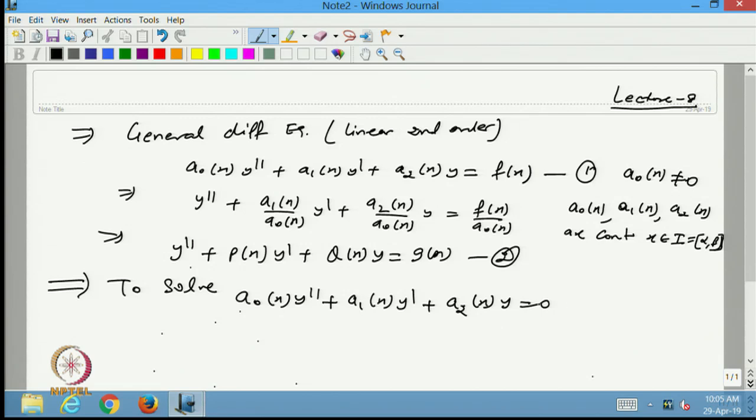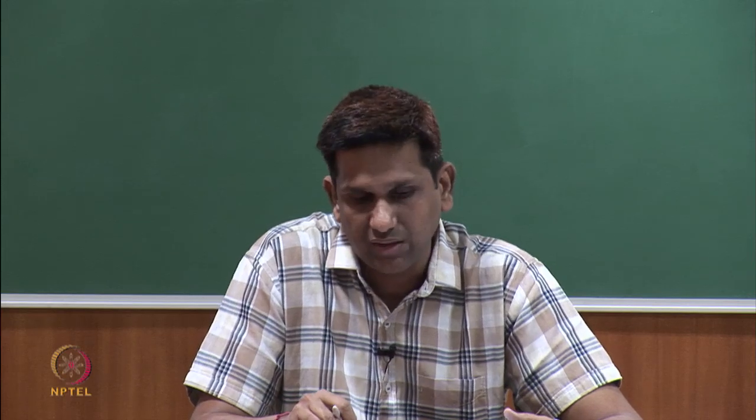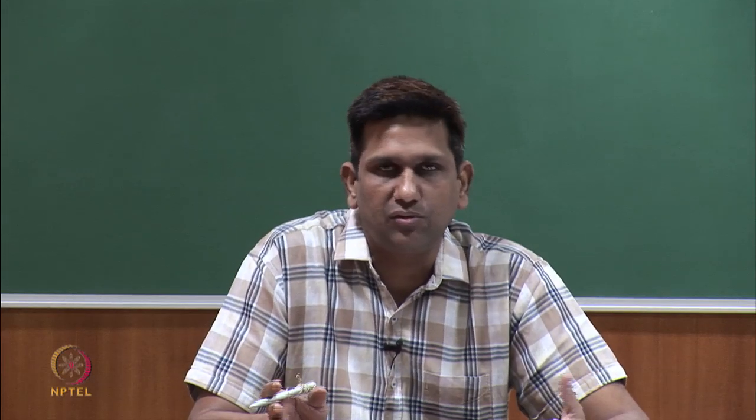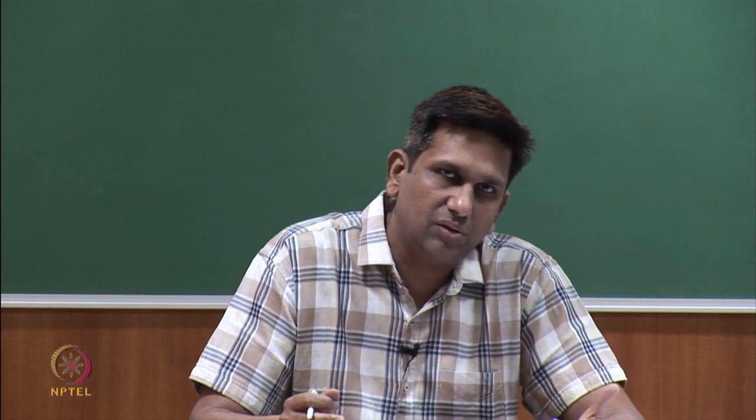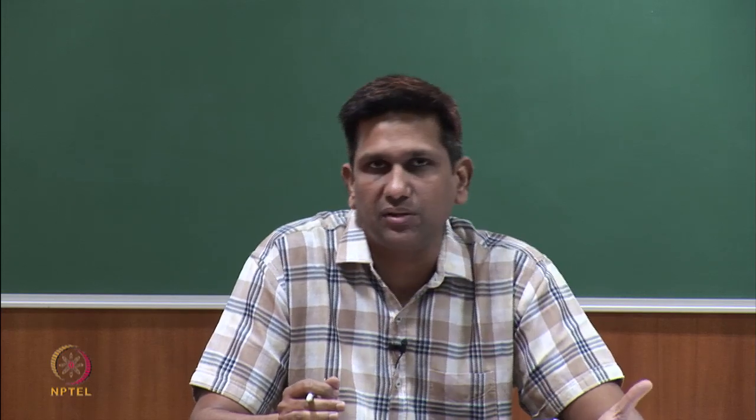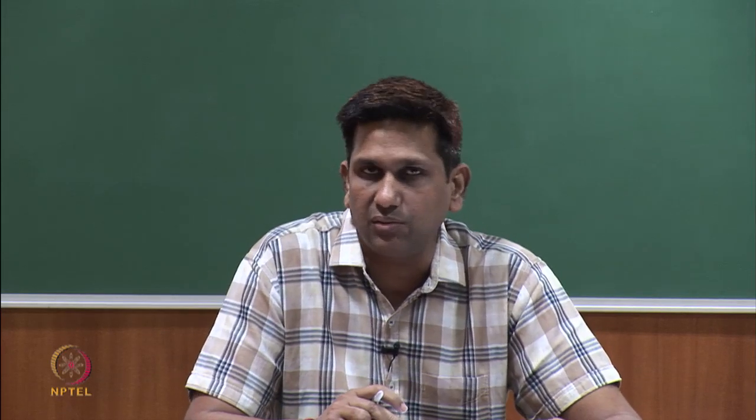This is the homogeneous part I want to solve. I know that this homogeneous part, that is equation number 2, can be solved with the help of factorization, and then we reduce it to the Riccati equation, and once I know the solution of the Riccati equation, then we can find the solution of equation number 2.